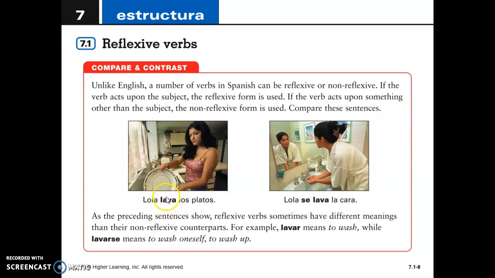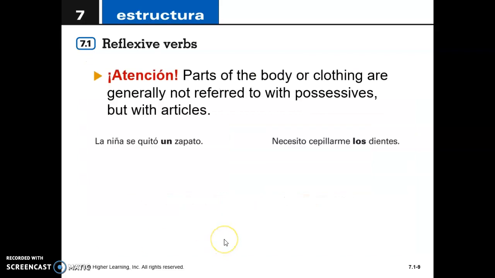So the verb over here, the conjugation, is used the same way. The only difference is that we are adding that pronoun that makes the verb reflexive. Okay? Parts of the body or clothing are generally not referred to with possessives, but with articles.